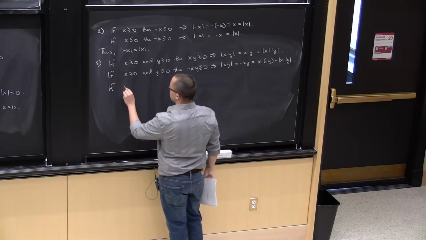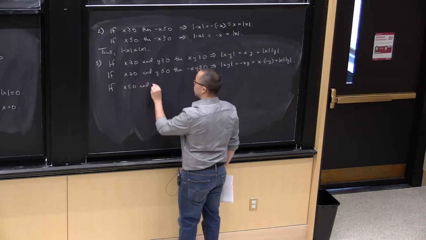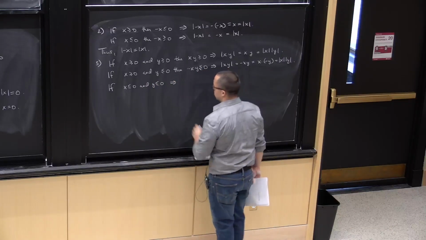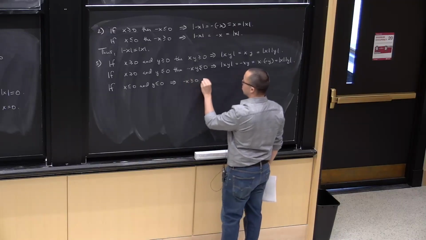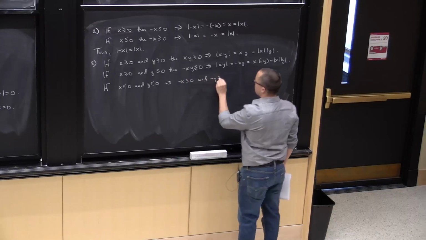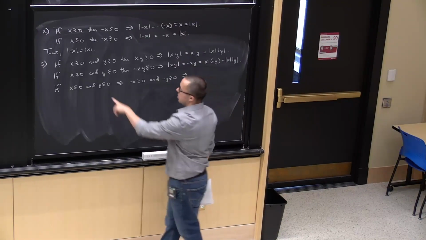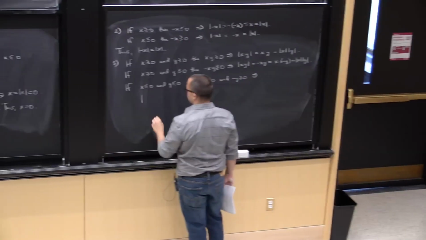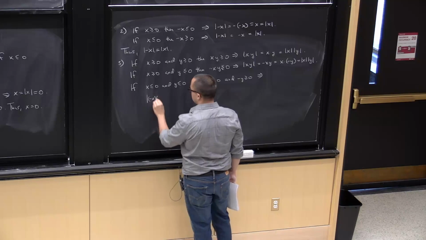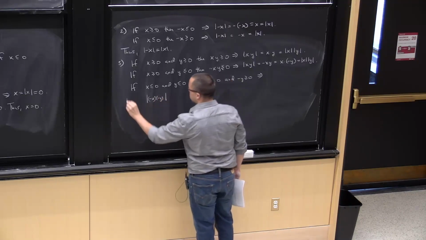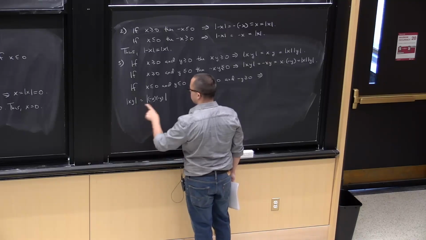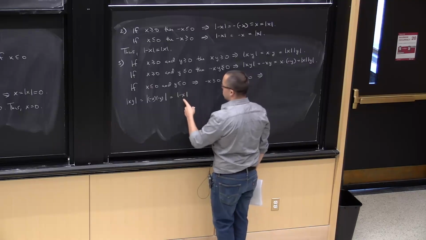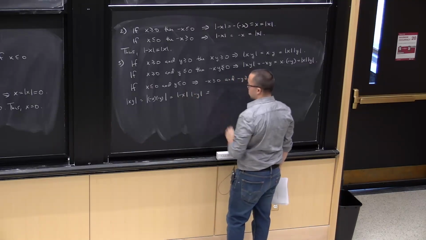And if x is less than or equal to 0, y is less than or equal to 0, then this implies that minus x is bigger than or equal to 0, and minus y is bigger than or equal to 0, which by this first case, which we've proven, now applied to minus x and minus y, I get that the absolute value of minus x times minus y, which is equal to x times y, is equal to the absolute value of minus x times the absolute value of minus y.